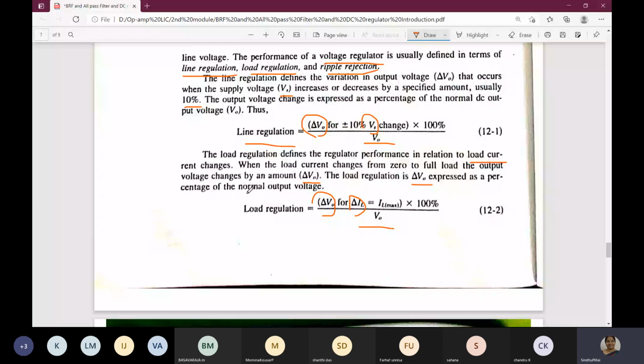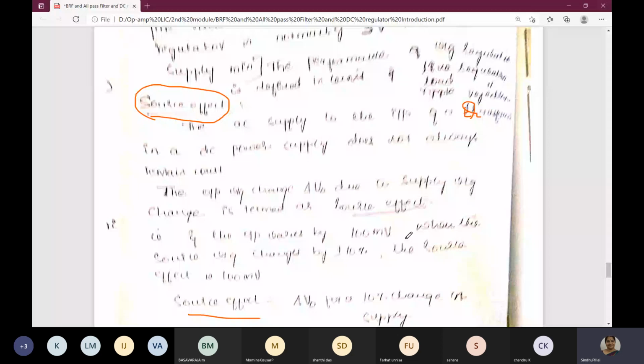See these two concepts; I will tell you with source effect. There is a concept called source effect. The AC supply to the input of a transformer in a DC power supply does not always remain constant. The output voltage change delta V naught due to supply voltage change is known as source effect.